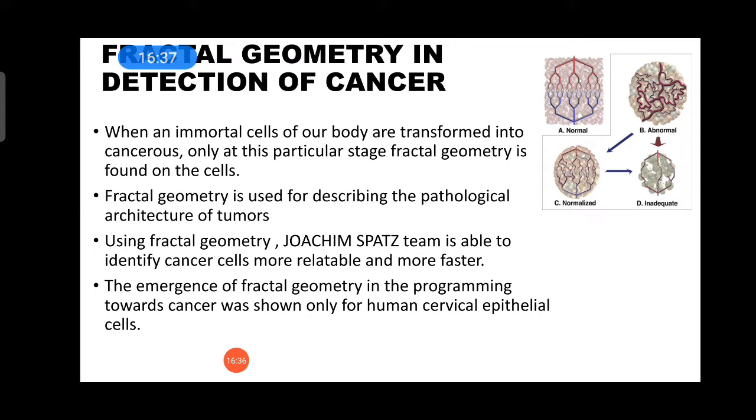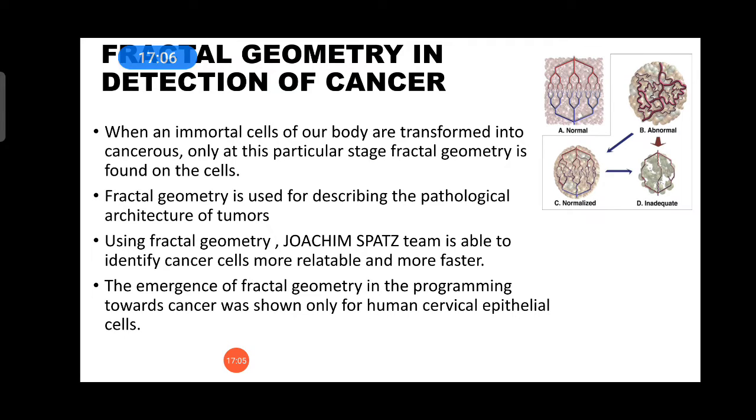Changes in the fractal dimension between cancer cells and healthy cells were analyzed and compared. Results show that fractals can detect cancer cells. It has great potential for yielding insight into the morphological characterization of tumor growth. Fractal geometry is used for describing the pathological architecture of tumors and may serve as an indicator for cancer detection and cancer treatment.